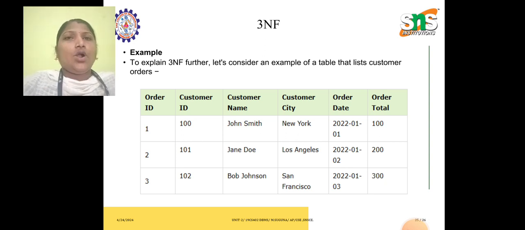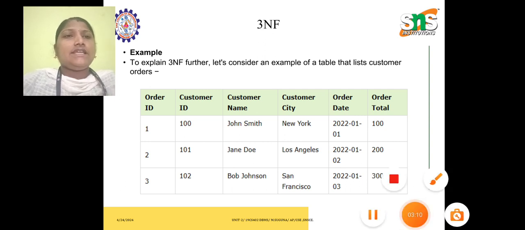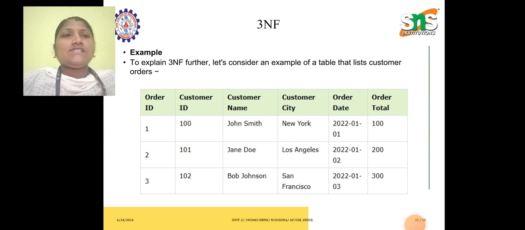Here we have order ID, customer name, customer city, order date and order total. Again this table is in first normal form. All the values are atomic. And is there any partial dependency in the table? Just look at that.